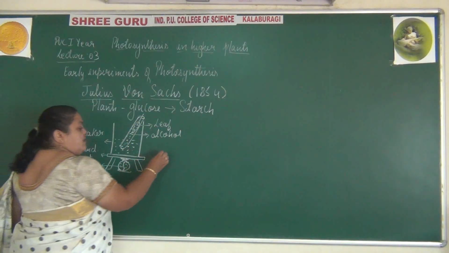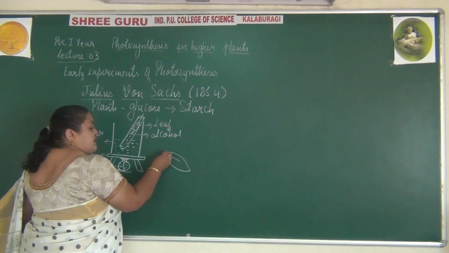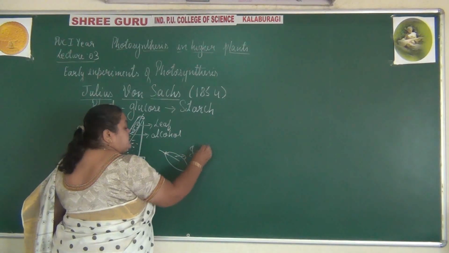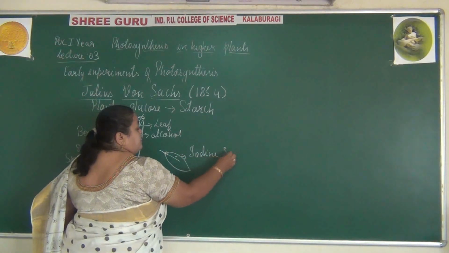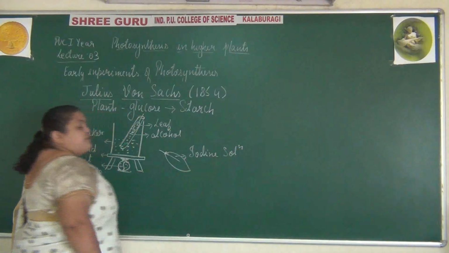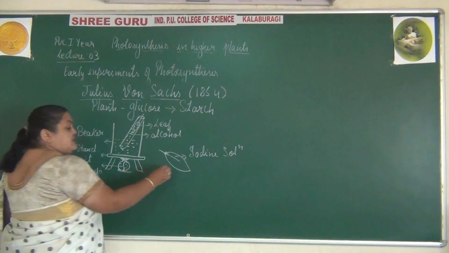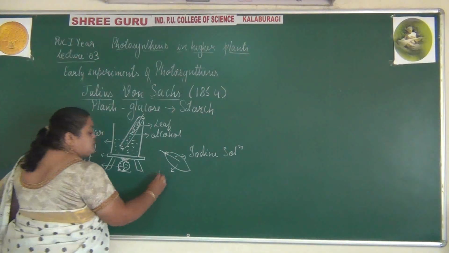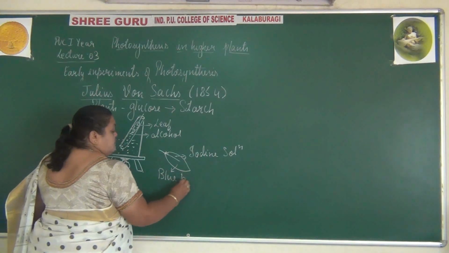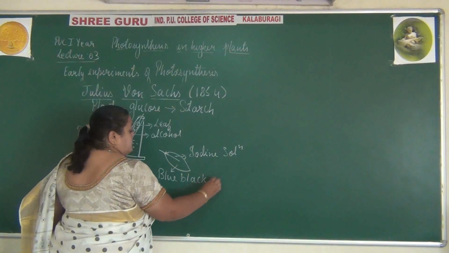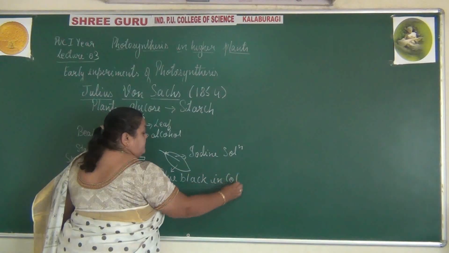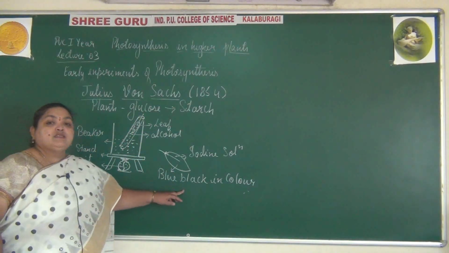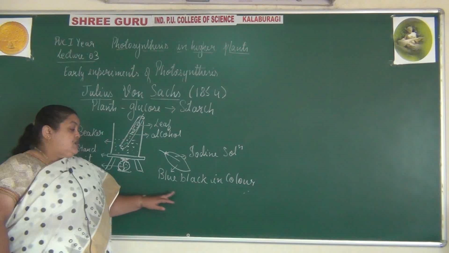When the leaf is treated with iodine solution, its color changes to blue-black, which indicates the presence of starch.